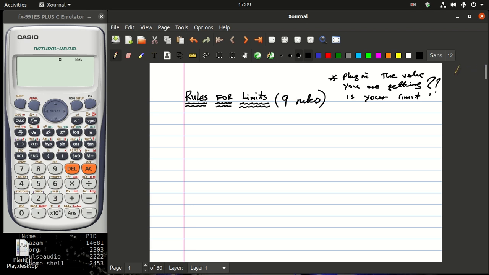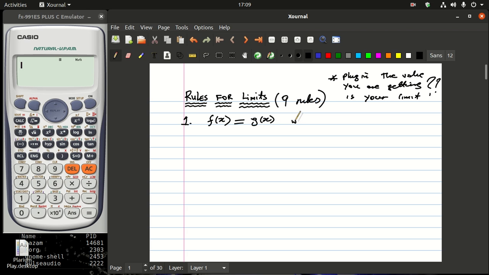The first rule is saying something that is very interesting. Suppose that you have 2 functions, f of x and g of x. Those 2 functions are actually equal everywhere close to a.